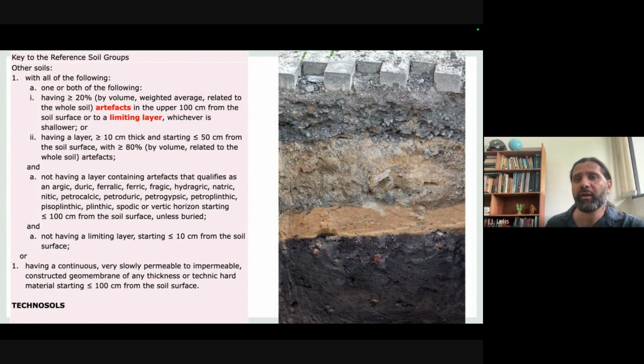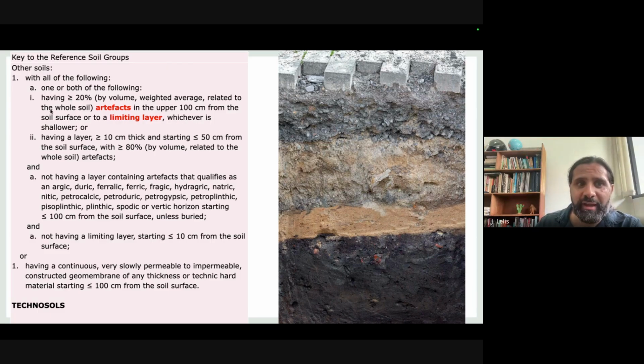And we also have humans affecting the soil properties, affecting soil morphology, but not because of agriculture practices, but because of other kinds of land uses. So other soils that do not fit the criteria for histosols, soils that do not fit the criteria for anthrosols, and one or both of the following.